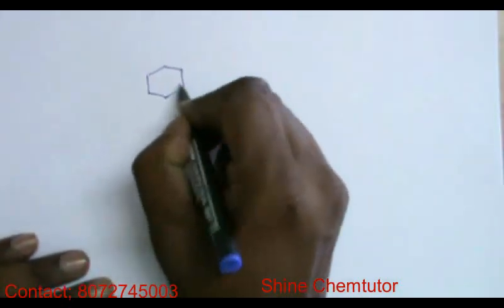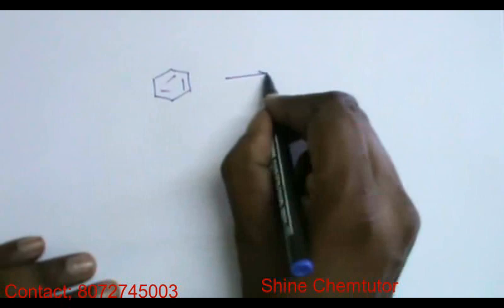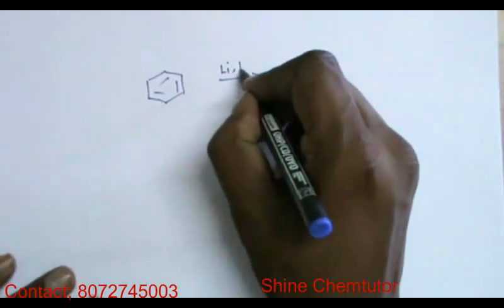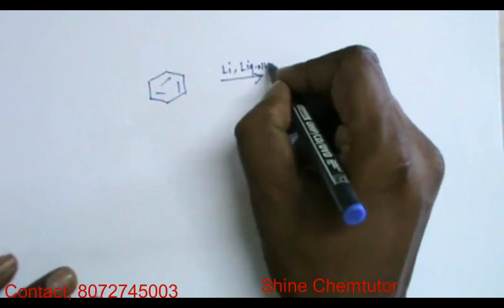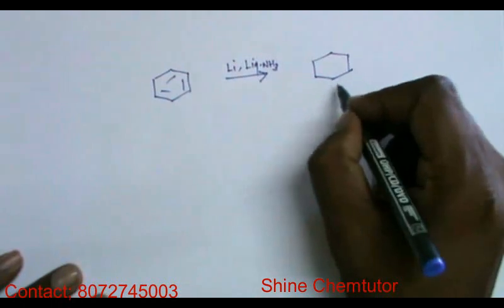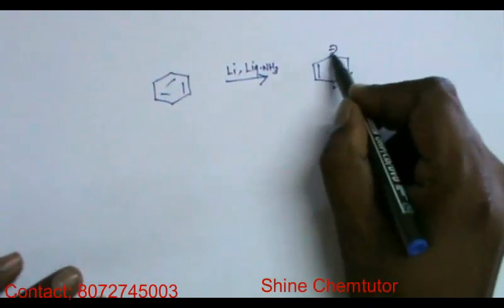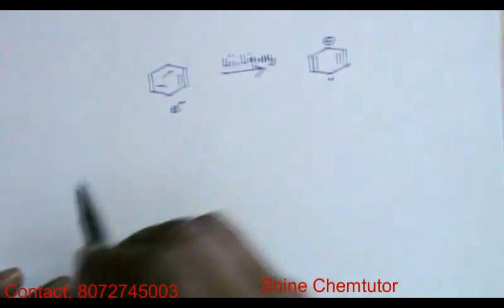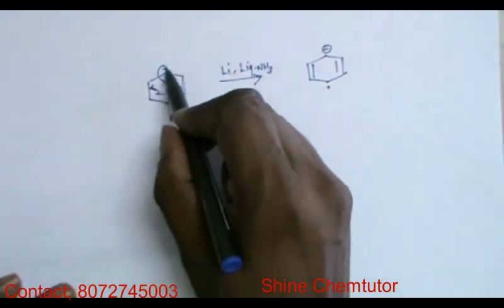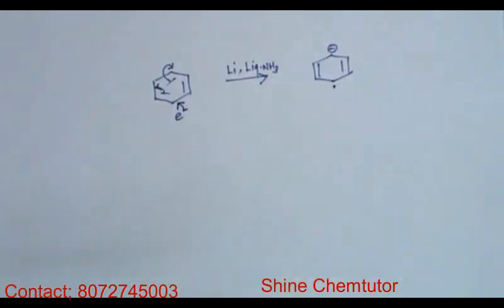The next method is very well known, Birch reduction. You can reduce this with lithium and liquid ammonia. Metal gives one electron. It can be delivered anywhere. When it is delivered, we get intermediate like this. You can consider like this. This electron is delivered here. This bond goes like this to give this intermediate.